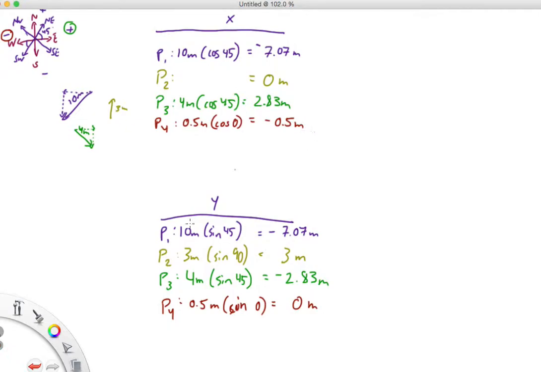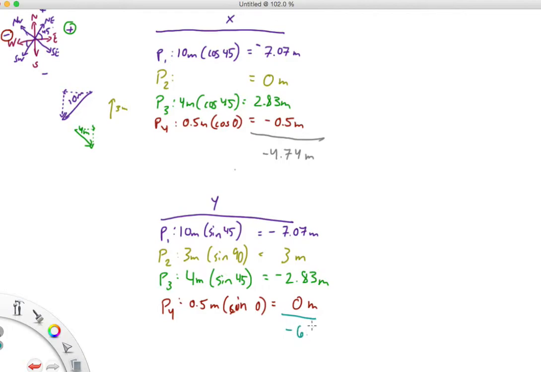So I'm going to use a gray color to add up all of these. If you add up all those values, you're going to end up with, drum roll, negative 4.74 meters, because overall it's going to the left. And over here, use a different color. I'll use teal. Teal will be our y. If you sum up all these values, it's going to be negative 6.9 meters.